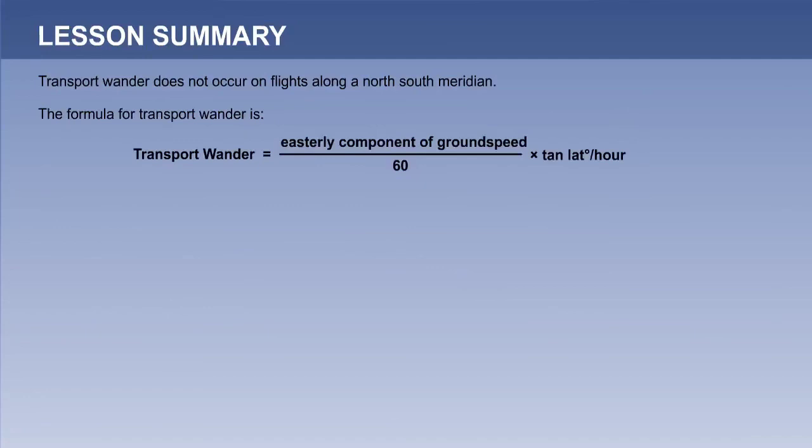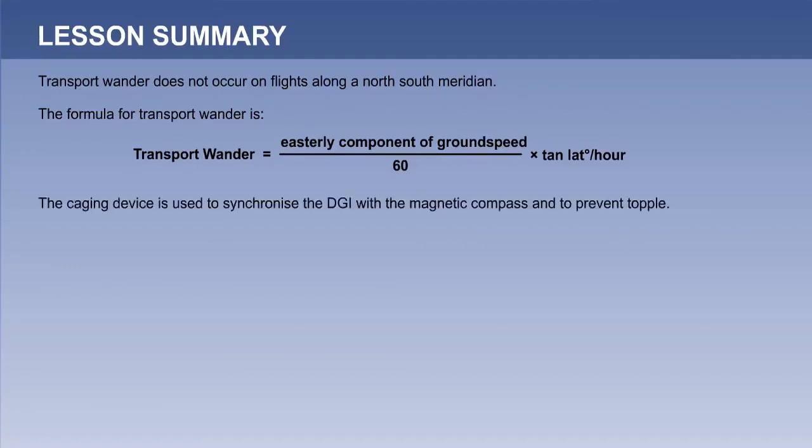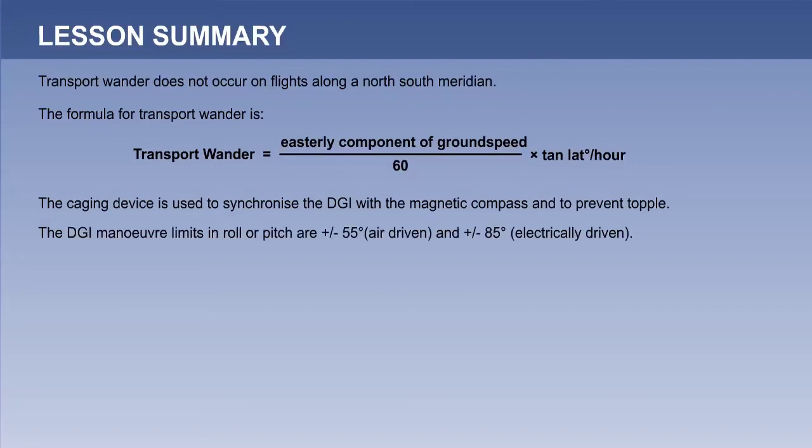The formula for transport wander is: transport wander equals the easterly component of ground speed divided by 60 times the tan of the latitude, in degrees per hour. The caging device is used to synchronize the DGI with the magnetic compass and to prevent topple. The DGI maneuver limits in roll or pitch are plus or minus 55 degrees, air-driven, and plus or minus 85 degrees, electrically driven.